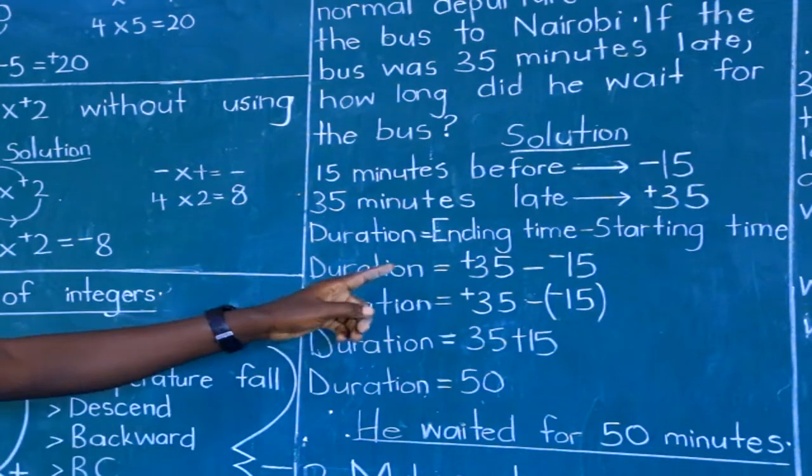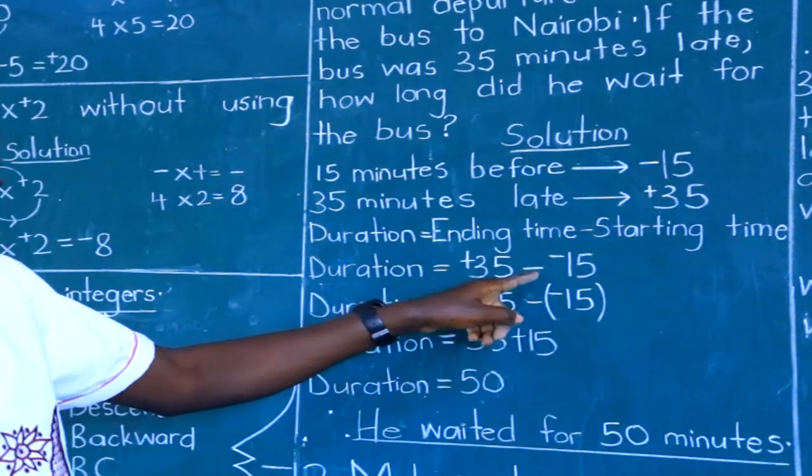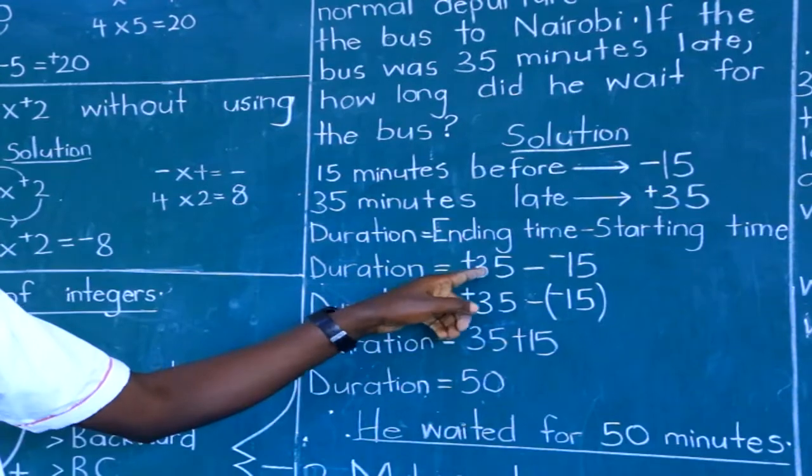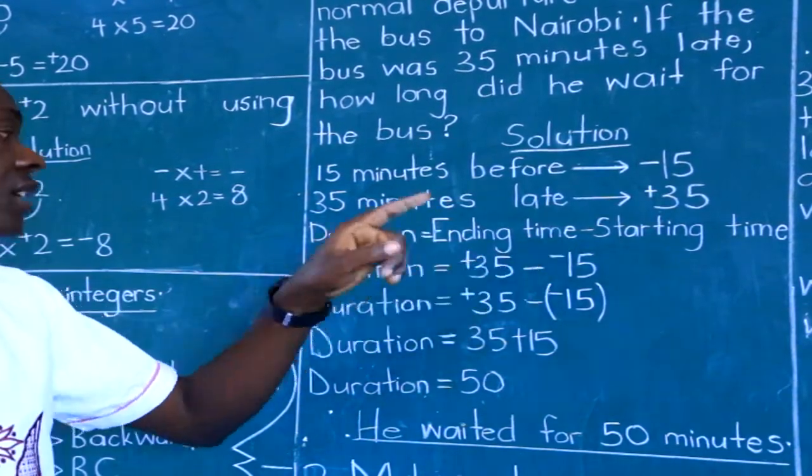Therefore, we say duration equals positive 35 minus negative 15.